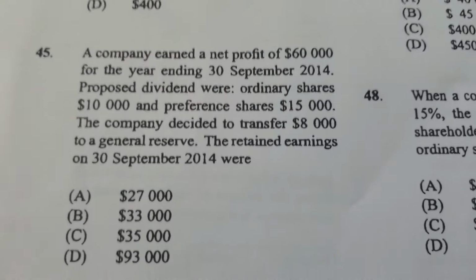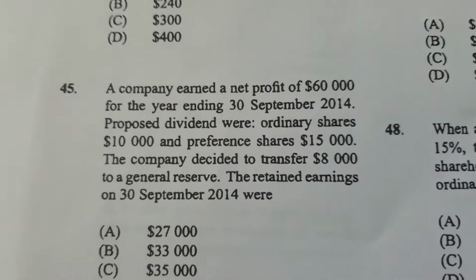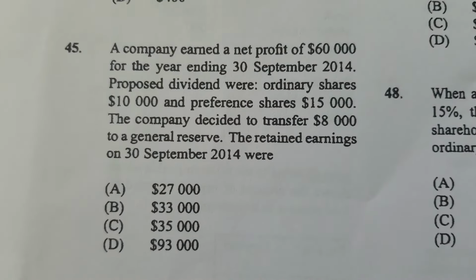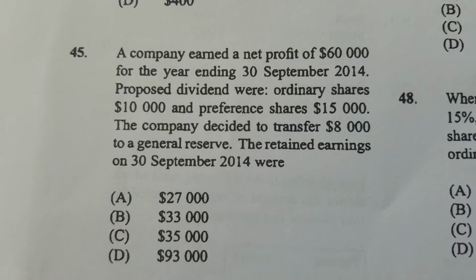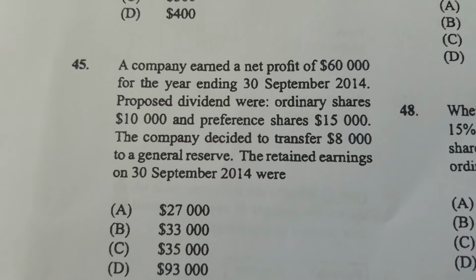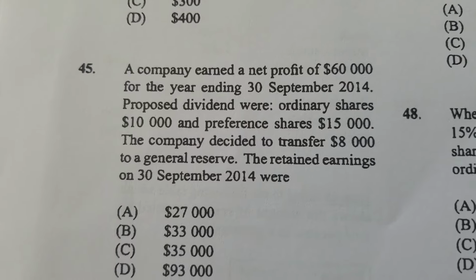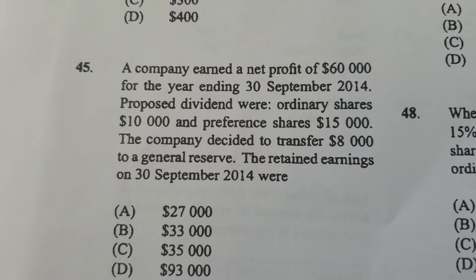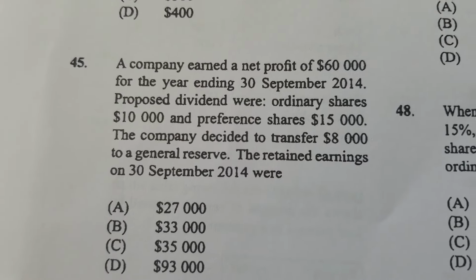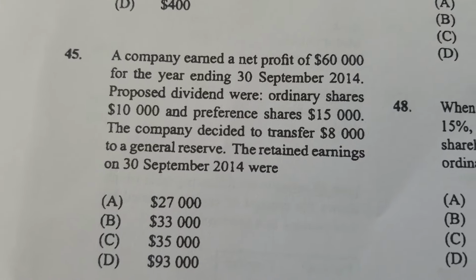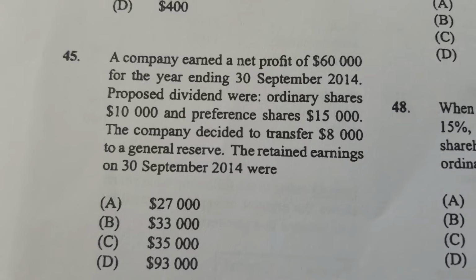For question 47. Question 47 says, a company earns a net profit of $60,000 for the year ended 30th of September 2014. Proposed dividends were ordinary shares of $10,000, preference shares of $15,000.